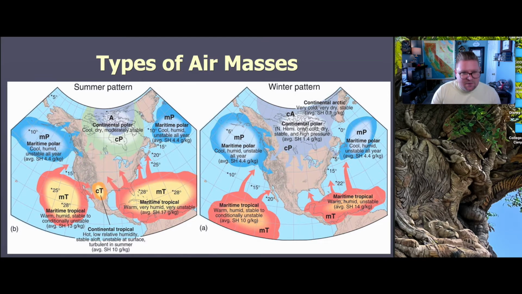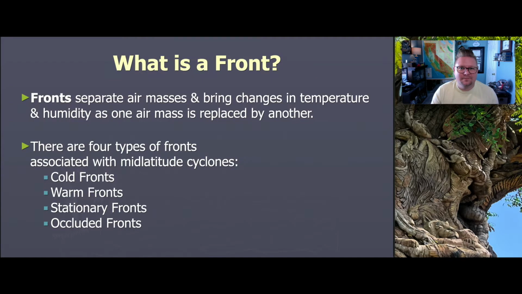So that being said, we wrapped up air masses, and now we're going to move into air fronts. So what are fronts? Well, fronts separate air masses and bring changes in temperature and humidity as one air mass is replaced by another. Now, that idea of replacement is not as simple as just taking over.